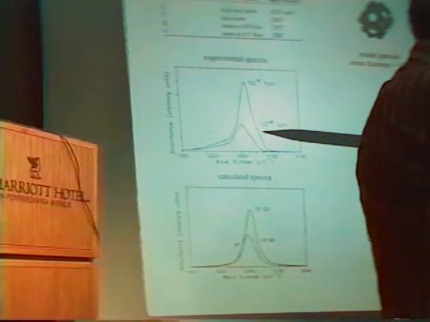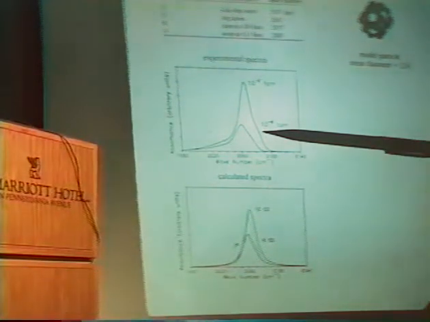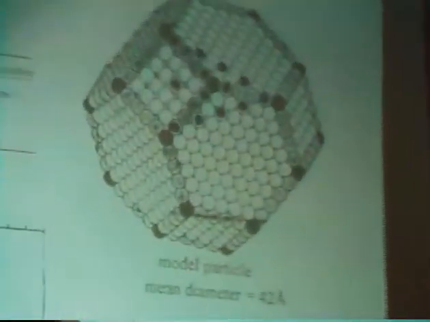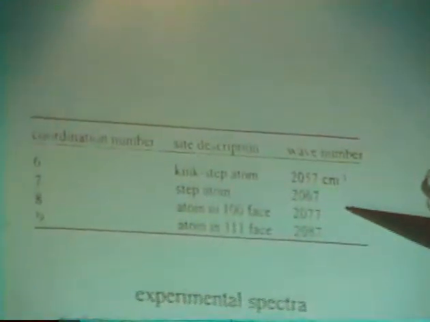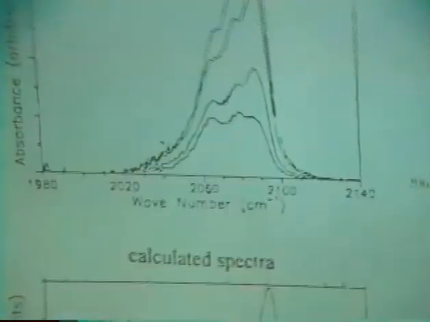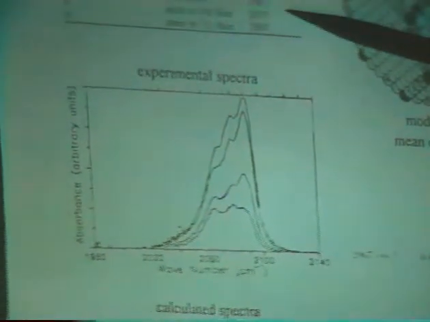So I think we understand something about where those bands come from. If we look at the bigger particle, and again, we're starting off with data which comes not from the small particles that we're trying to interpret, but from the extended single crystal data.